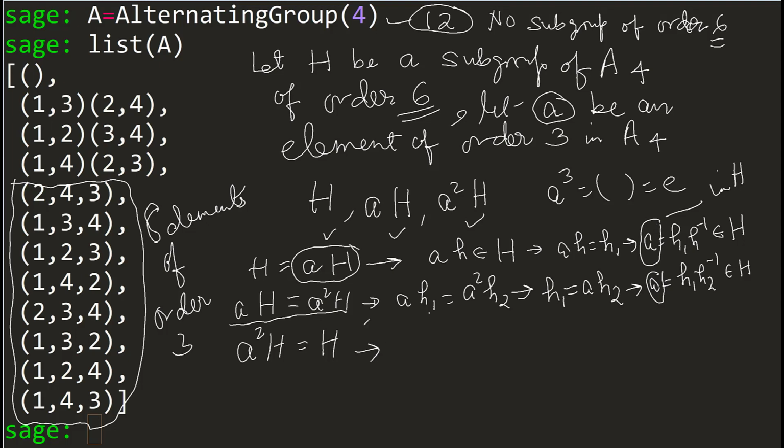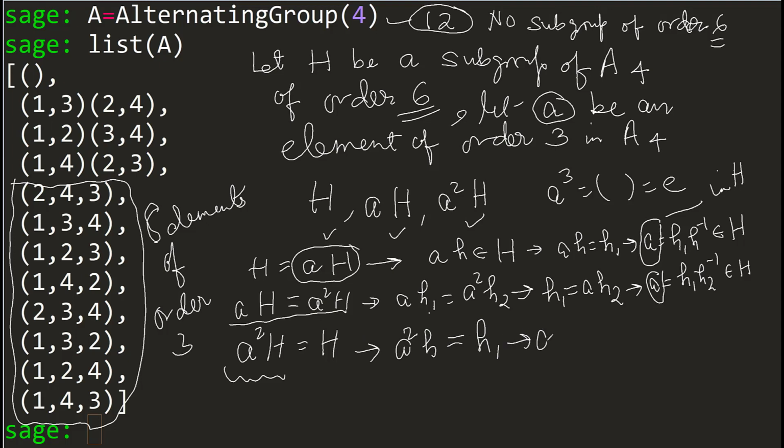Now here what happens is that we have A squared H, that's a typical element in here, that has to equal an element H1 in here.